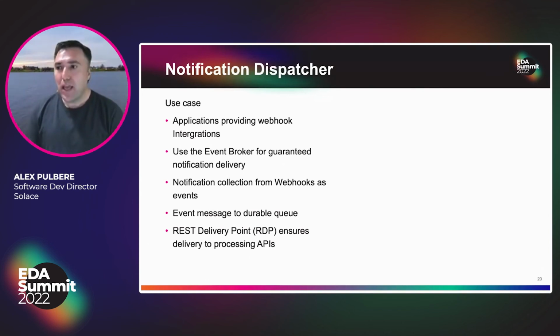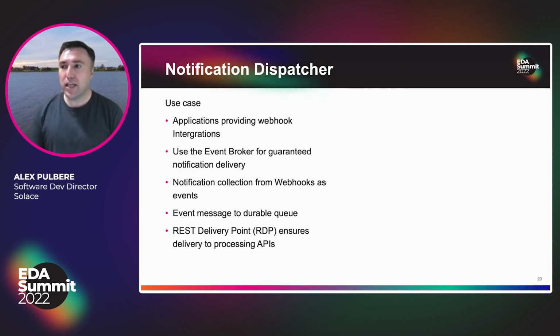How can we use this kind of integration without exposing our application directly, given the opportunity for lost or missed requests if the incoming rate is too high? In this case, the event broker acts as a guaranteed notification delivery medium and as a back-off valve.